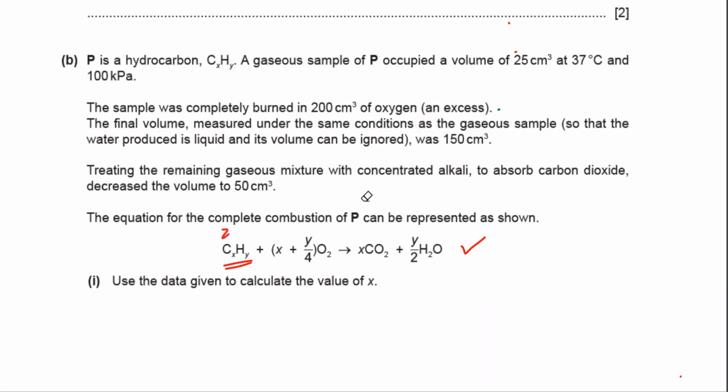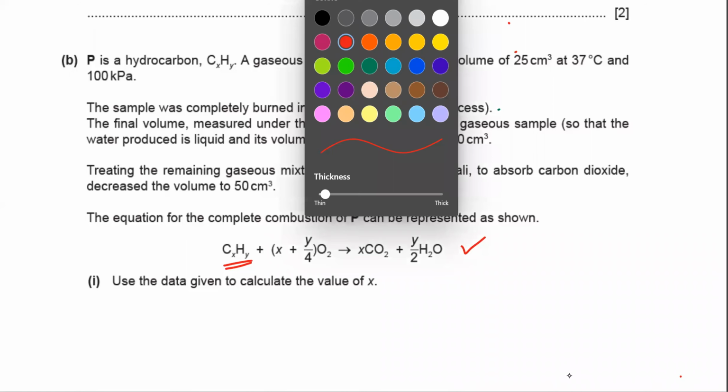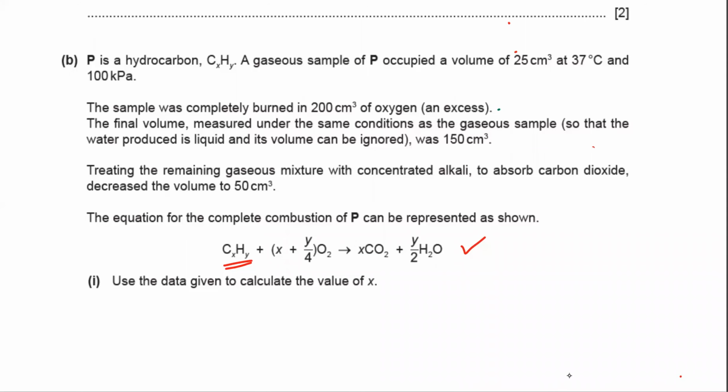That is already mentioned here. So this one over here is 25 cm cube. And he's stating that the sample is burned completely in 200 cm cube of oxygen. So the amount of oxygen that you have is 200 cm cube.